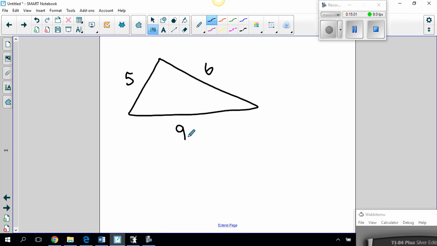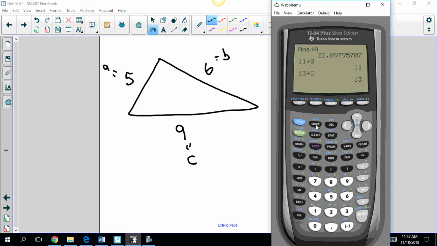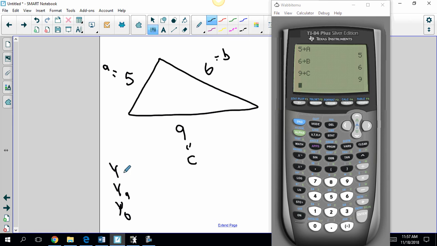Not even close to scale, it doesn't matter, because if I call this A and I call this B and I call this C, I'm going to find the corresponding angles A, B, C. So this is the easiest problem we have, because 5 store alpha A, 6 store alpha B, 9 store alpha C, and then in Y0, Y9, Y8, it's angles A, B, and C. Or use those formulas I gave you for A, B, and C, and just plug in the numbers.